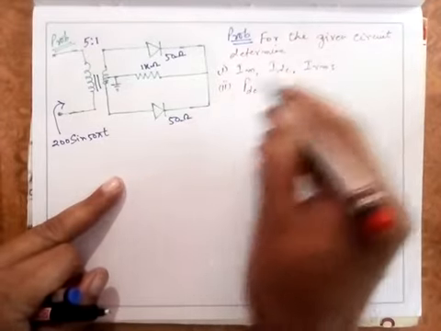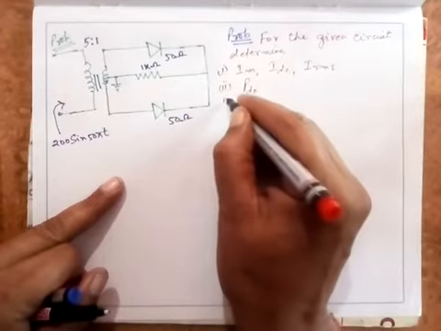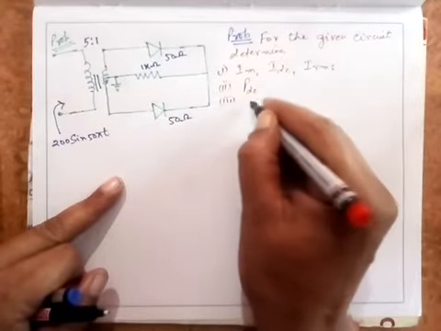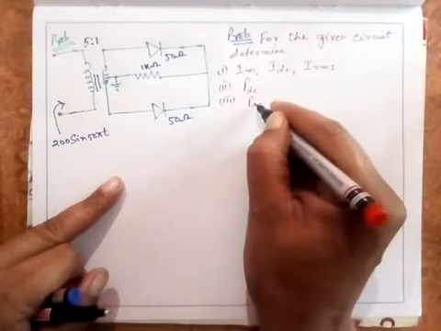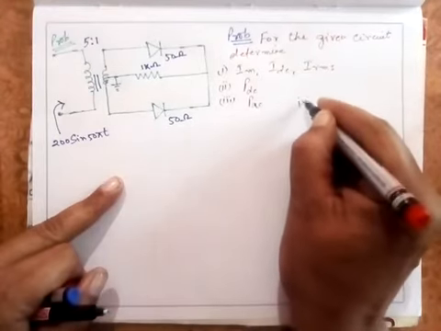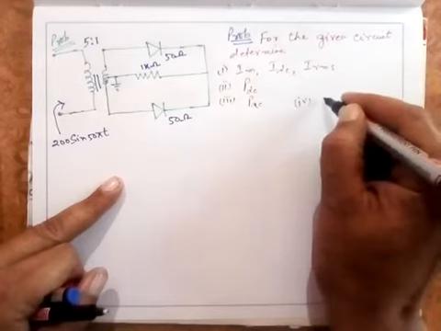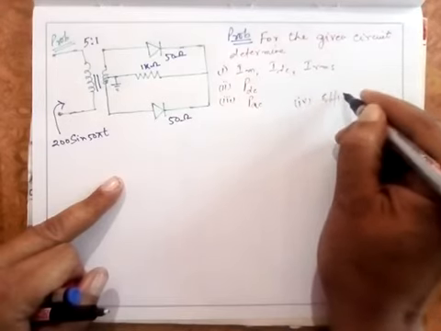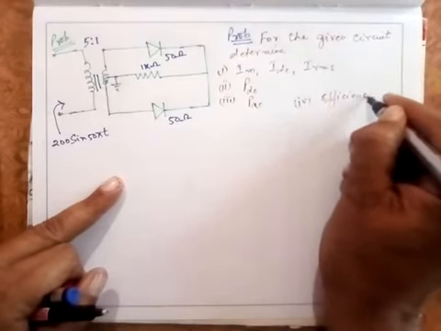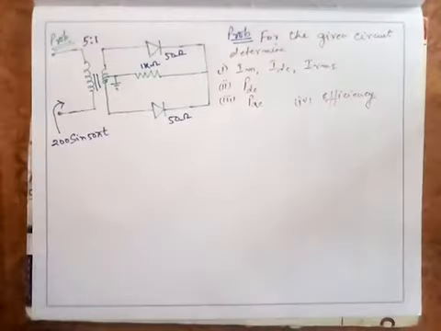Third, find the value of PAC. And fourth, find the value of efficiency. That's all. These parameters you have to find out.